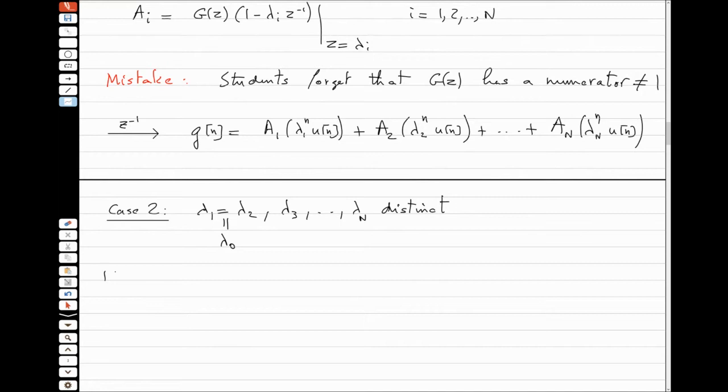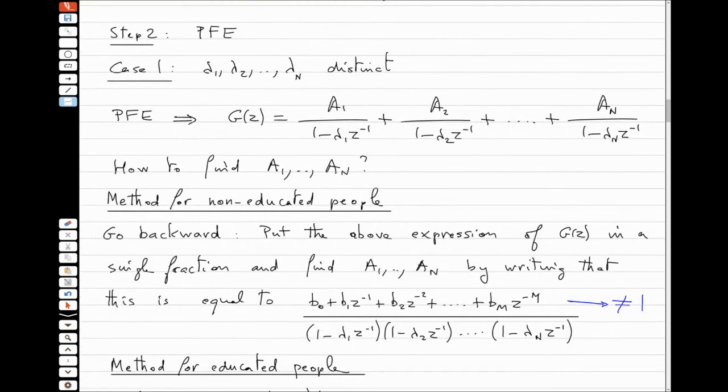So in this case, partial fraction expansion, you remember from Laplace transform that there's a special formula in this case. Be careful, Z transform will give you something different. The expansion, so you have to be careful because some students just apply Laplace transform formulas, but this is not right.